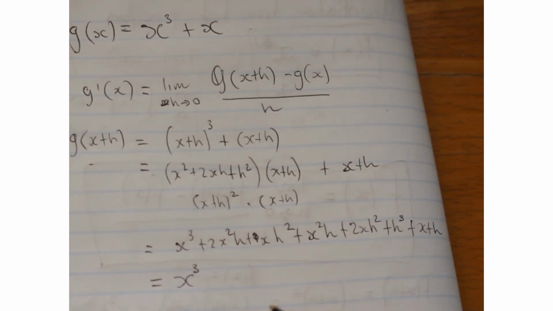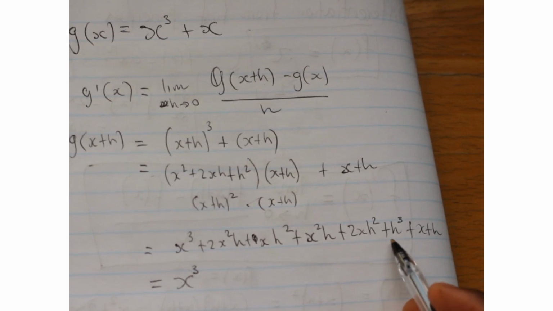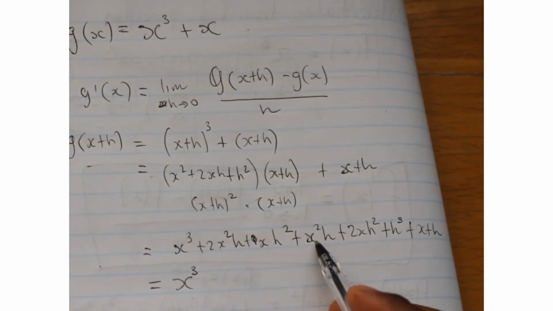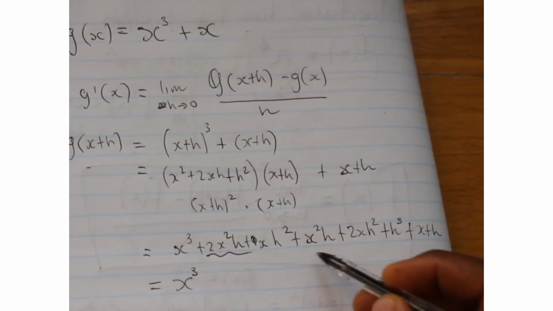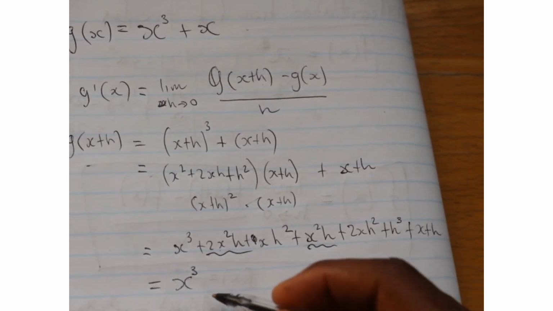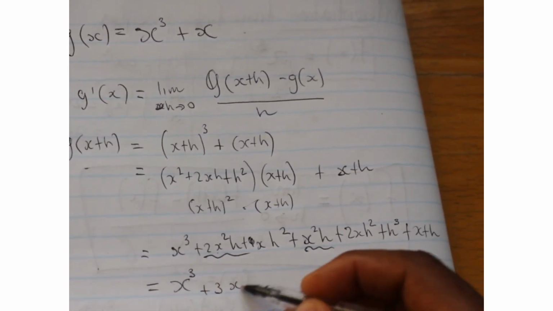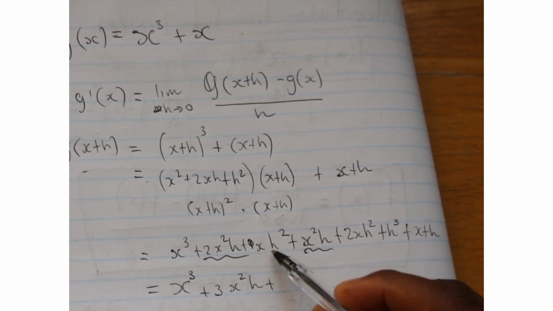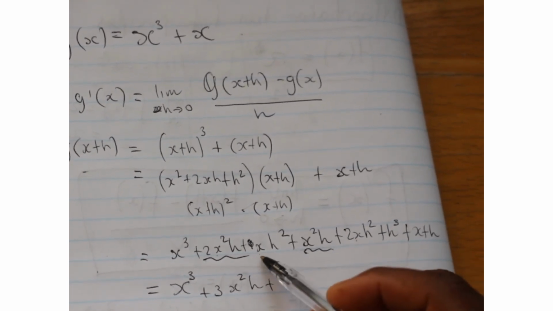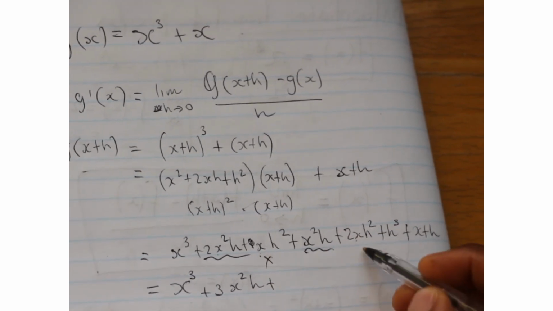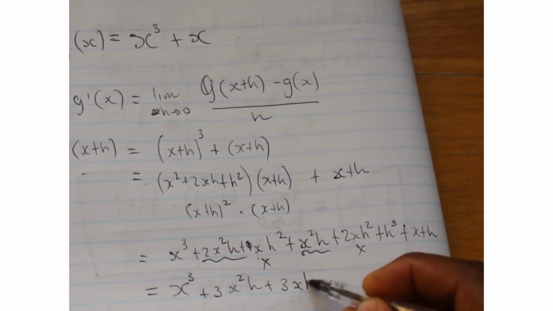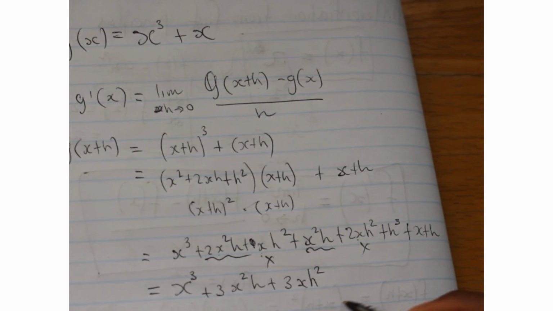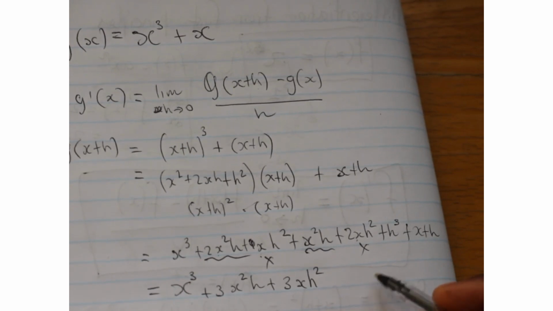X cubed is just going to remain like that. So 2x squared h and this, that's a like term. So we've got plus 3x squared h, and then plus x and h squared, so we've got this, so that's plus 3x h squared, and then let's see what else we've got.